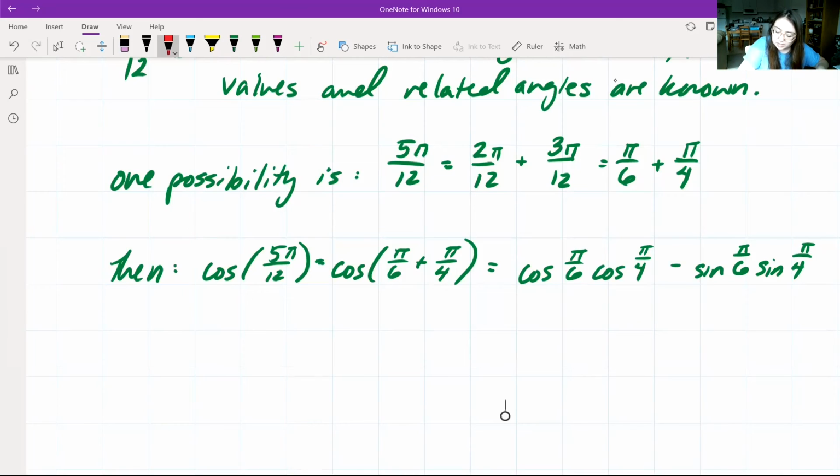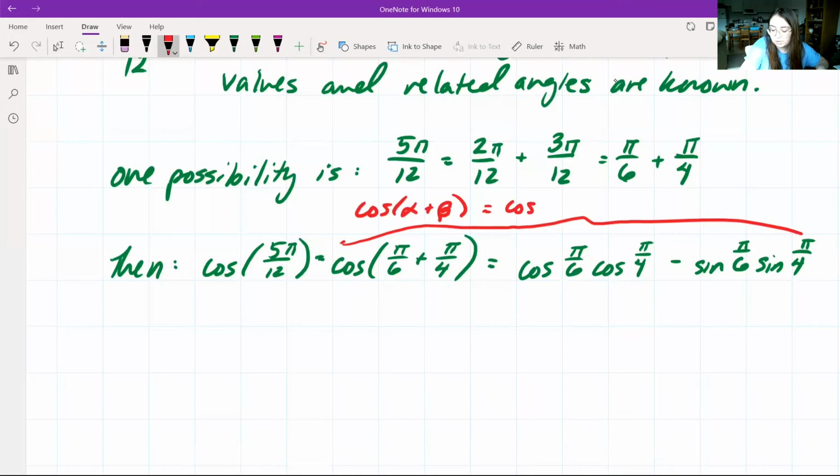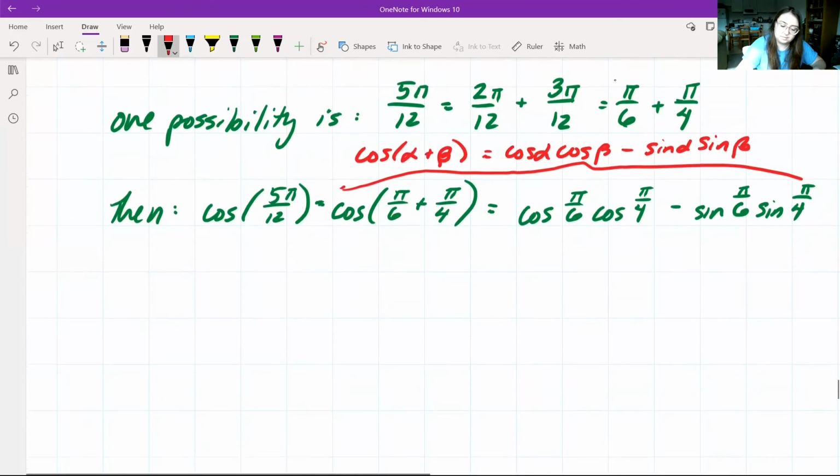So remember that our formula looks like cosine of alpha plus beta equals cosine of alpha times cosine of beta minus sine of alpha times sine of beta. So we're using our sum formula to rewrite this.